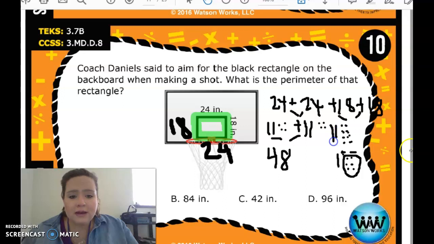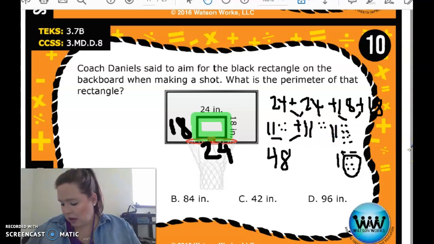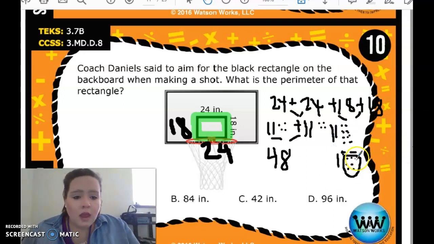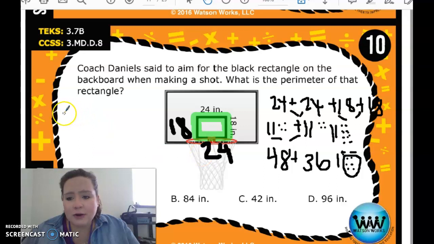Good, I regroup to my tens place. And then I have 6 ones left over. 1, 2, 3, 4, 5, 6. 10, 20, 30, which is a 3 in my tens place. Now I'm going to add 48 plus 36.